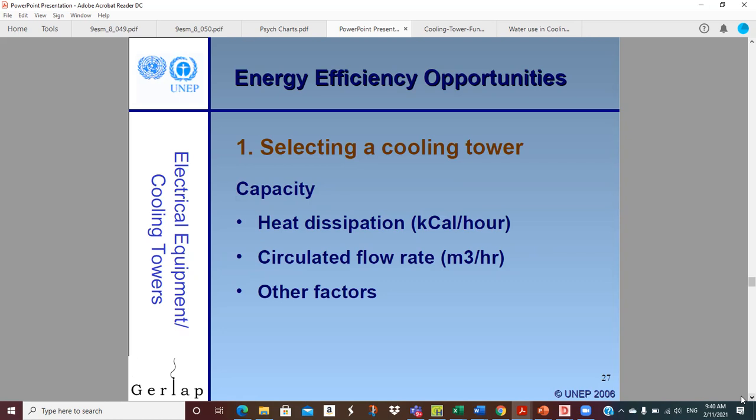You're going to have to decide what capacity. I mean, how much heat am I trying to dissipate? And of course, if you're in the metric system, you could do kilocalories per hour, or in the US system, you'd probably be doing BTUs per hour. The units don't really matter. And then you would look at what's the flow rate. Have I got 1,000 GPM, or it could be in meters cubed per hour, or 2,000 gallons per minute.